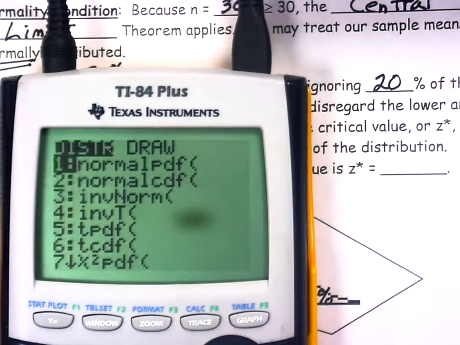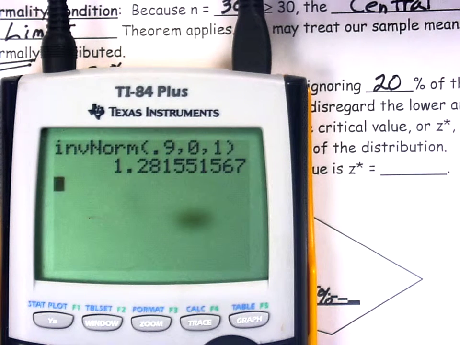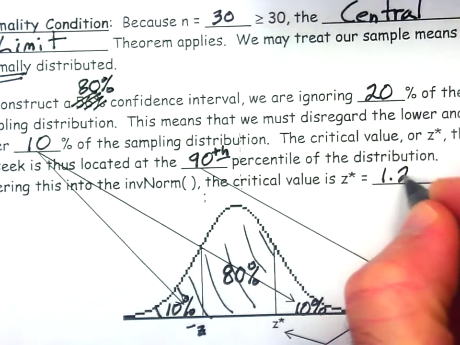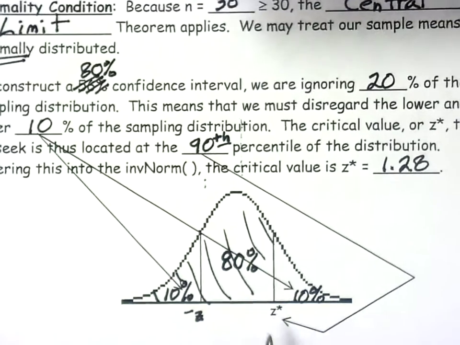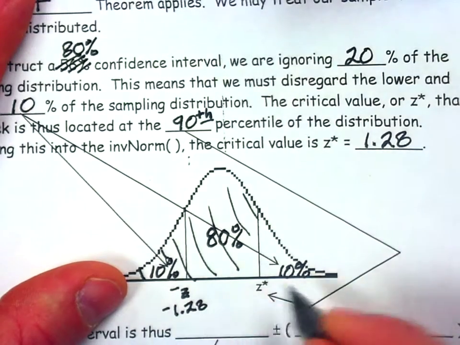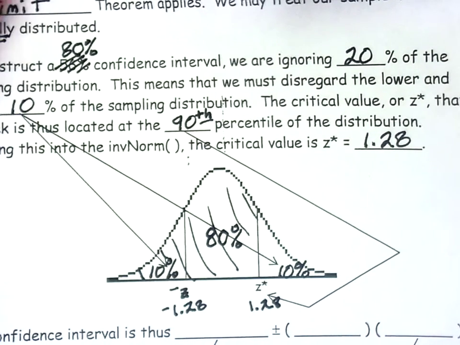Second variable's inverse norm, the area you would want to put in is 0.9. That gives me 1.28. So what that tells me is that negative 1.28 and positive 1.28 are the z-scores that bound the 80% in the middle of the sampling distribution.